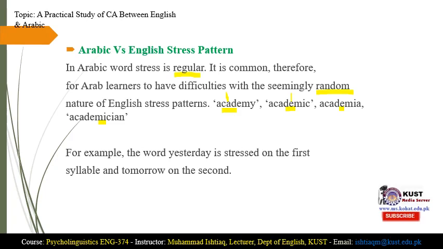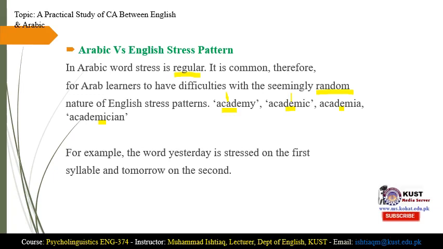So this actually shows the random nature of English stress pattern, but in Arabic it's not the case. One word does not change as far as stress pattern is concerned, it always remains the same. So for example, the word yesterday is stressed on the first syllable, in tomorrow on the second.